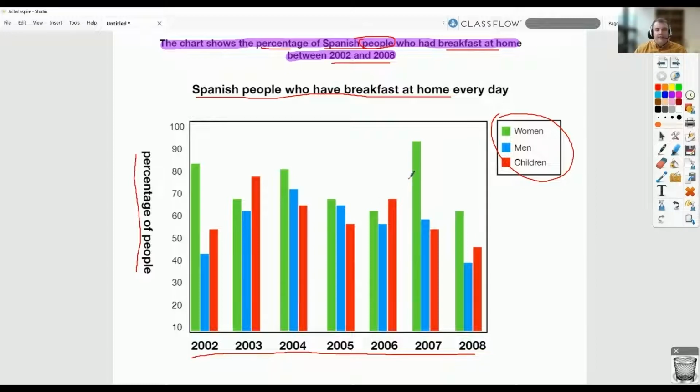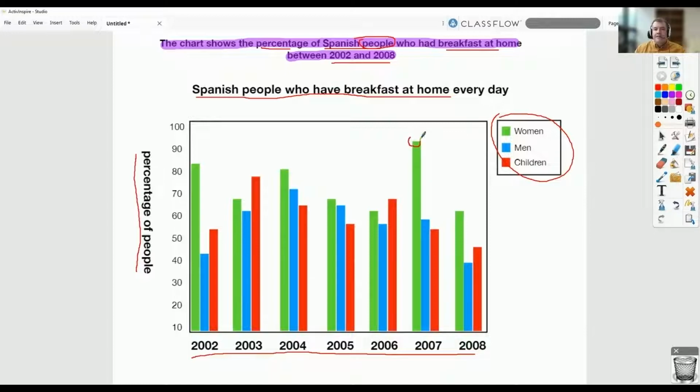So your next task is to identify the things that you need to talk about. So the thing that sticks out to me, the thing that jumps out, when you look at the chart, what jumps out to you? What do you notice? Because the things that you notice are the things that you need to talk about.